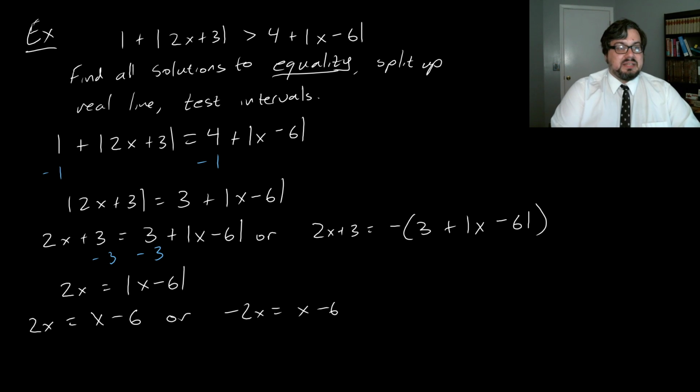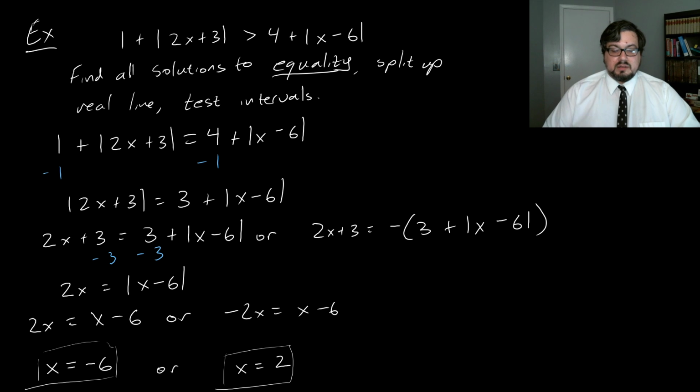All right, so from here, if we solve these, which we can do quickly, we can get x is equal to negative 6, or x is equal to 2. So that gives us the two solutions from our left branch of reasoning.